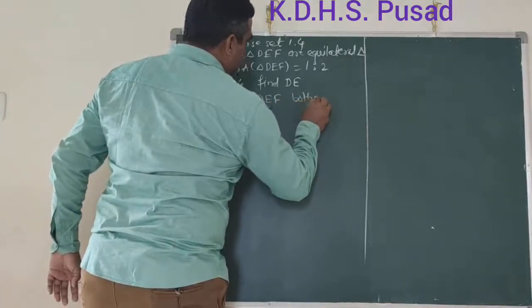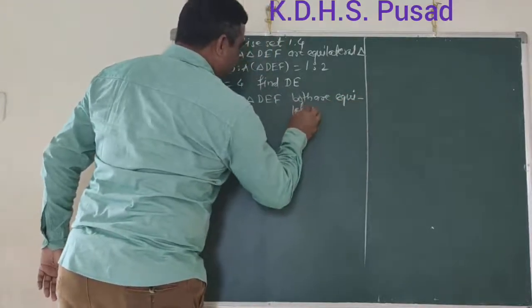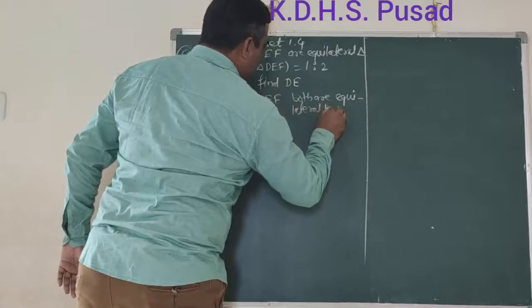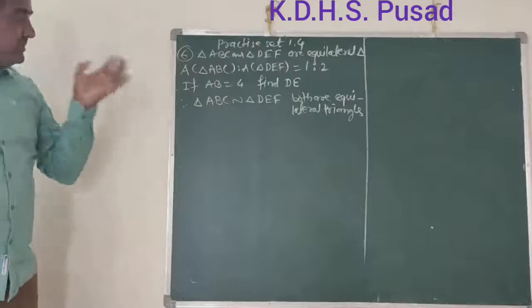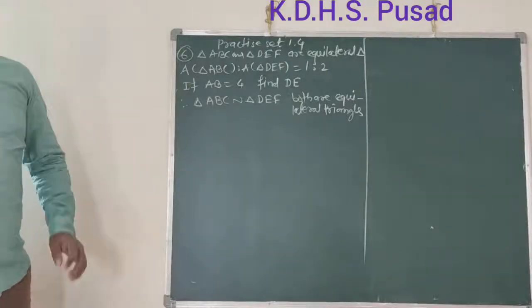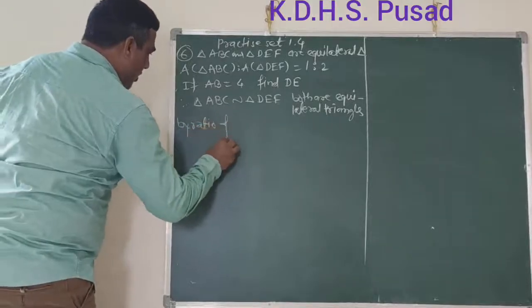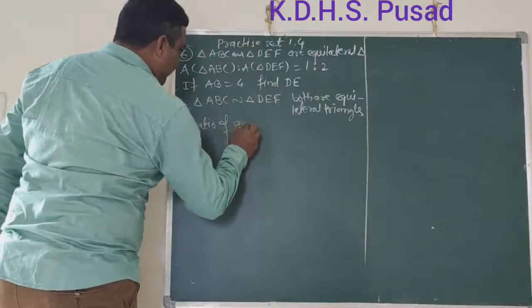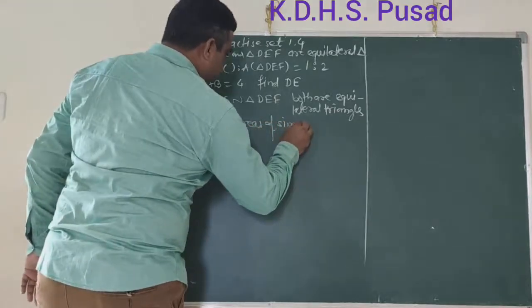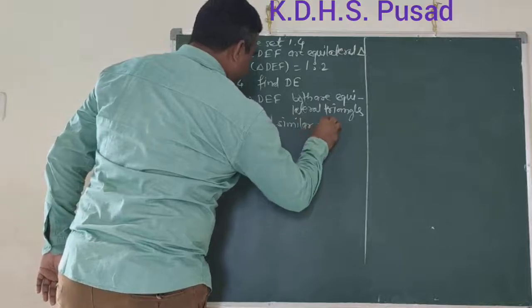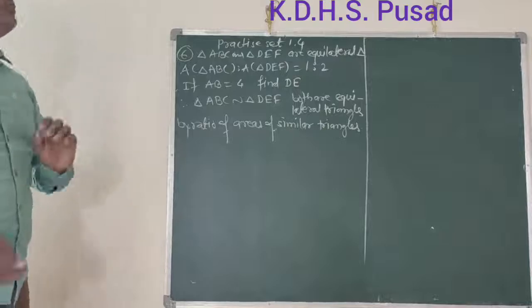So when equilateral triangles are similar, we use the theorem of ratio of areas of similar triangles.